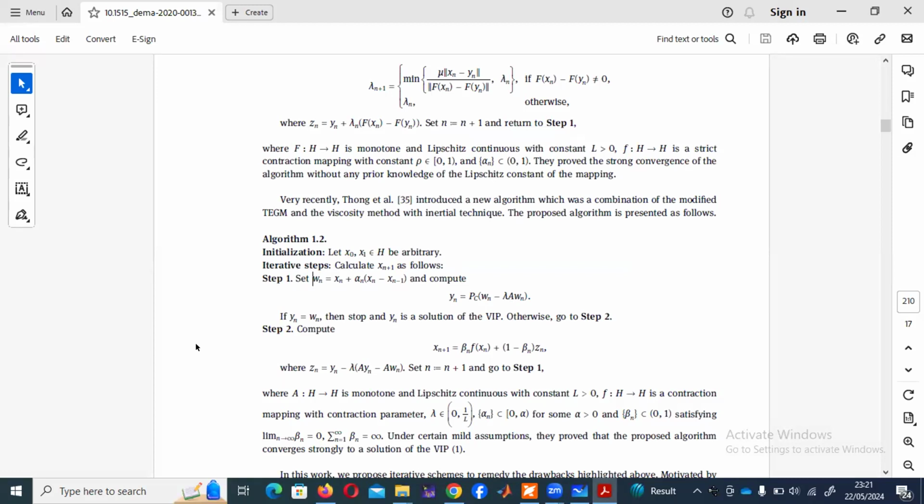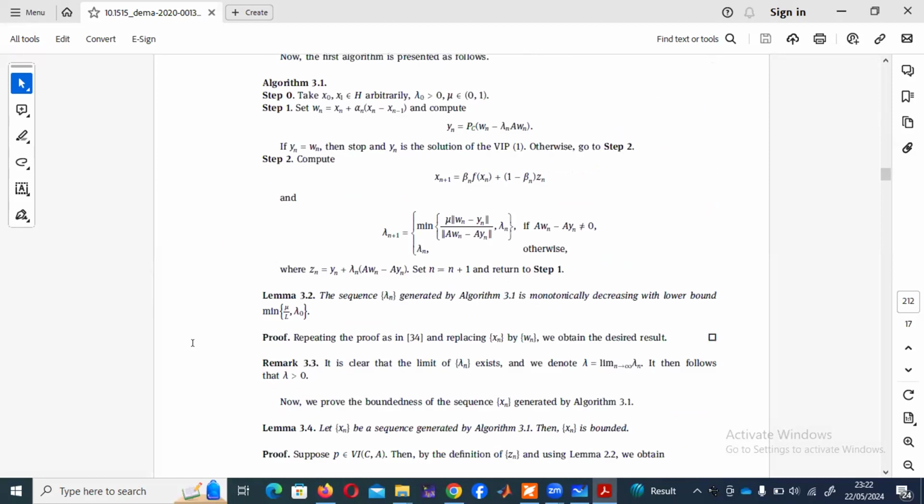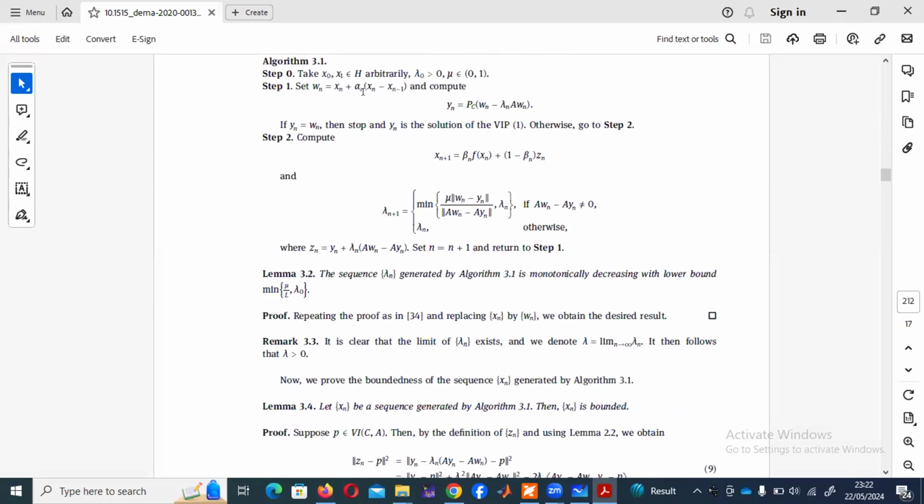So now the method they introduced in this paper is a combination of this algorithm 1.1 and algorithm 1.2. Algorithm 1.1 has step size. Algorithm 1.2 has inertia. So now let's go to the introduced method. You see, it started with the inertia, the gradient step, then what is this?